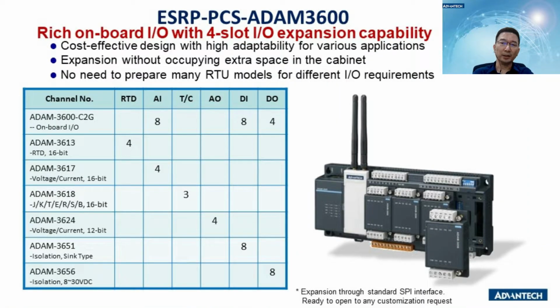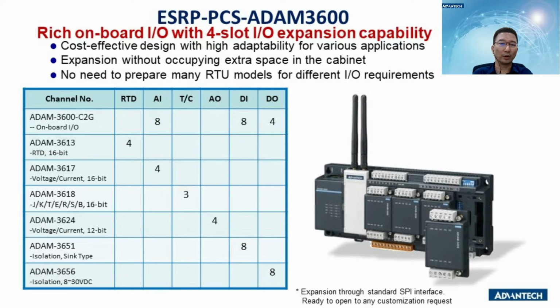As mentioned earlier, it has 4 flexible expansion slots. You may choose 4 I/O modules from this table based on your project requirements. What modules do we have? You can see from here, we have ADAM 3613 with 4 RTD, ADAM 3617 with 4 AI, ADAM 3618 with 8 temperature, and ADAM 3624 with 4 AO, and so forth and so on.